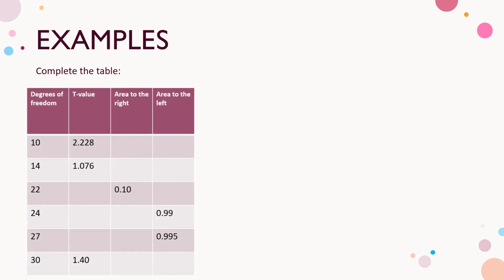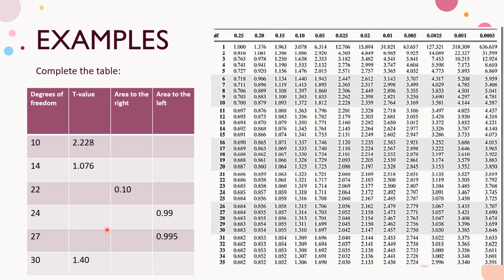We have here more examples, and we are tasked to complete this table. So you are given here the degrees of freedom, and we are going to complete the area to the right, the area to the left, and the t-values for some parts. To guide us, we have here a t-distribution table, or a t-table. So let us start with the degrees of freedom 10, and then the t-value is 2.228. We need to find the area to the right.